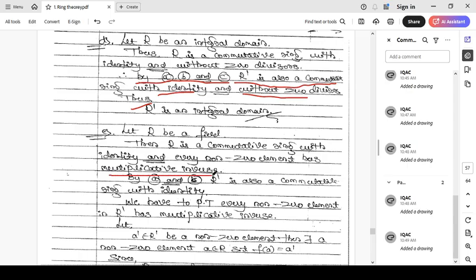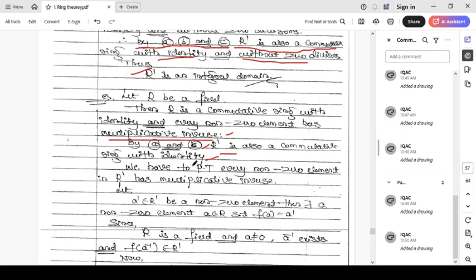So we need to show that every non-zero element of R dash has a multiplicative inverse. By the first condition and third condition, we can say that R dash is a commutative ring with identity. So now we need to prove that every non-zero element in R dash has a multiplicative inverse.